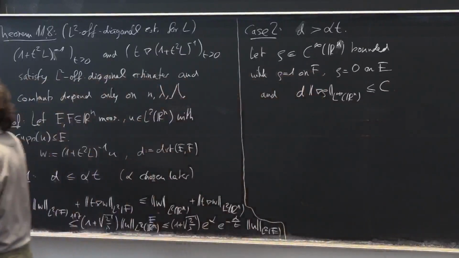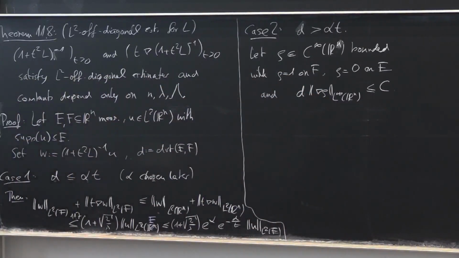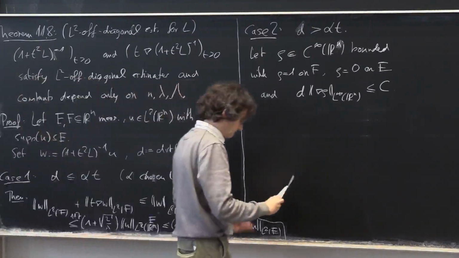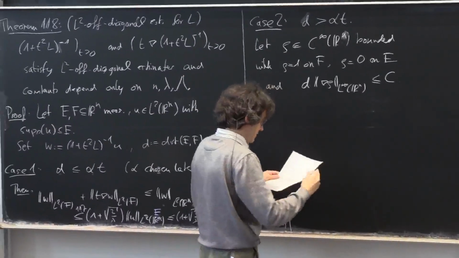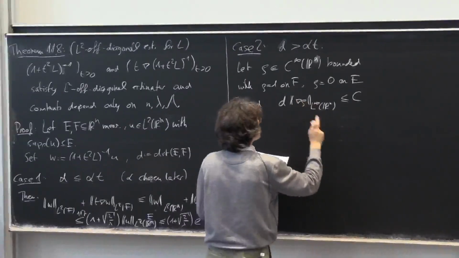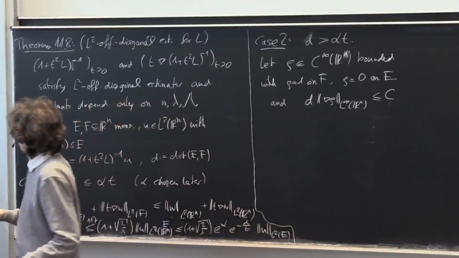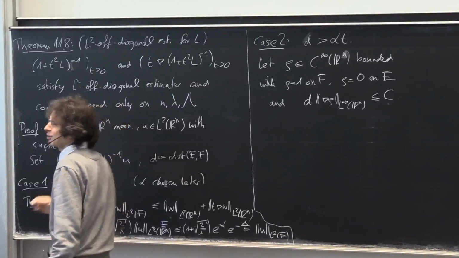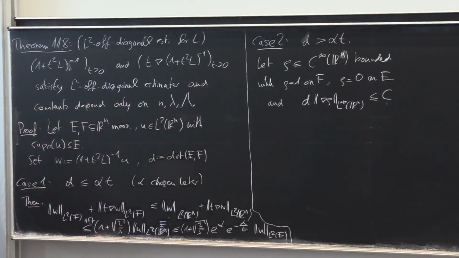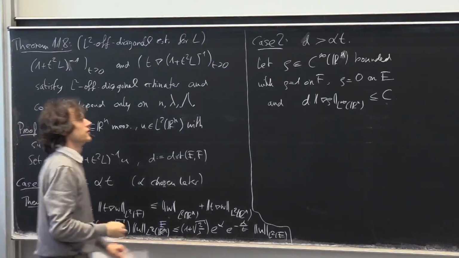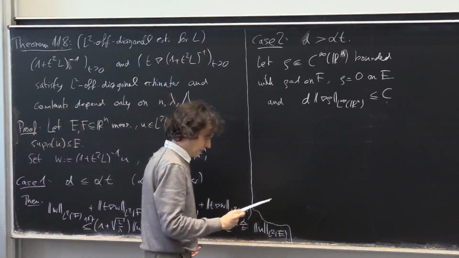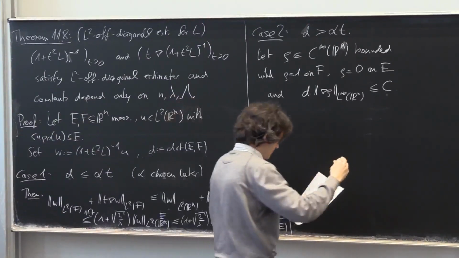So the gradient is bounded by some constant over the distance of the sets. It's also important to note that this constant depends only on the space dimension. I told you we want to keep track of the dependence of constants. This is just a question of the geometry of Rn.